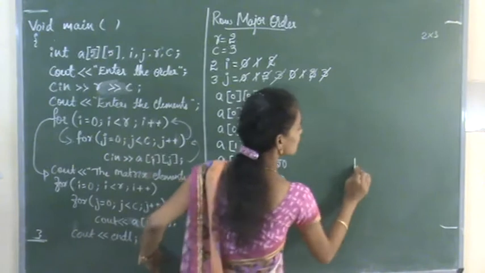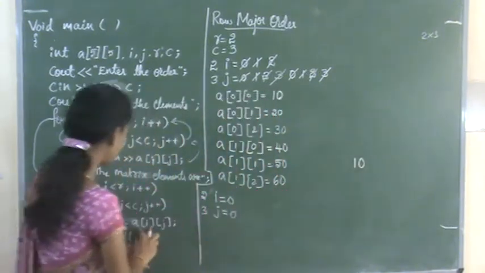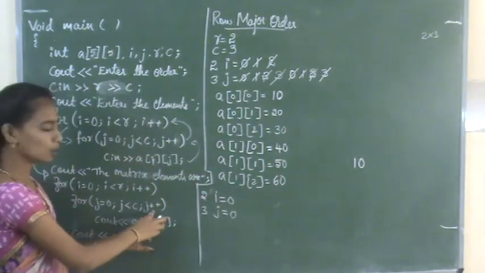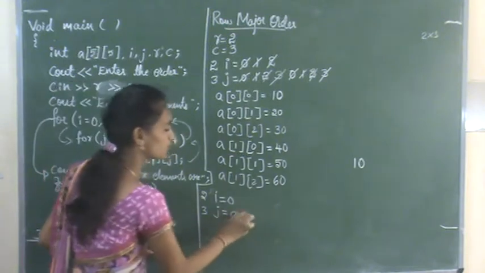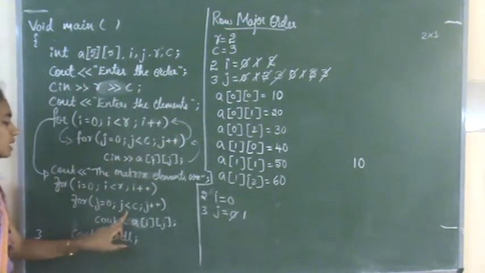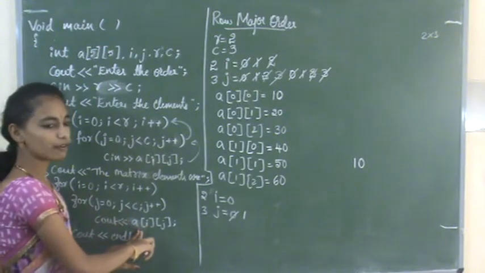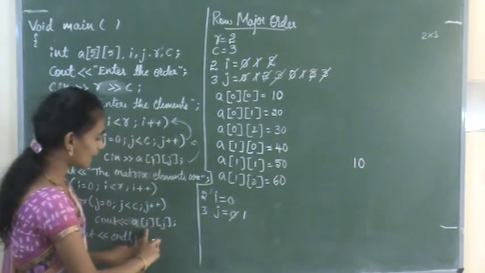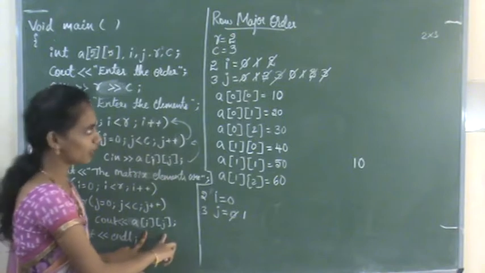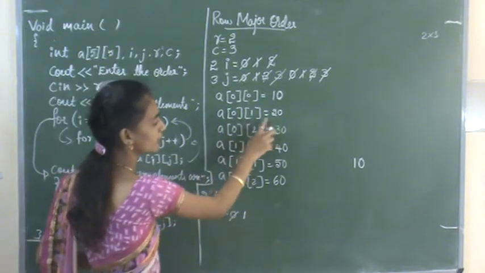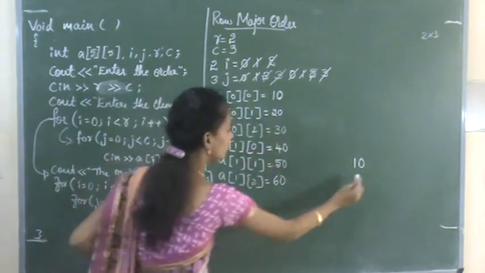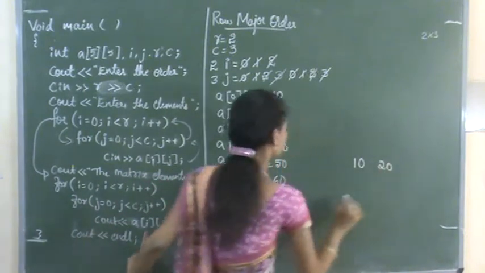So it displays 10. Again it will go back to the for loop, increment the j value. So j value becomes 1. Check the condition, 1 less than 3, true, it will enter into the for loop. Now what is the I value? 0, j value 1. a of 0, 1 is 20. So 20 will be displayed.